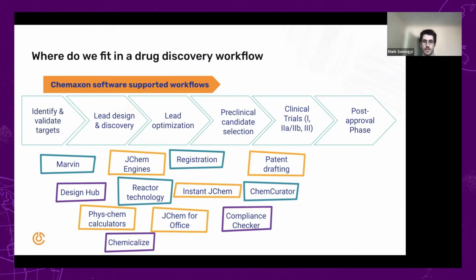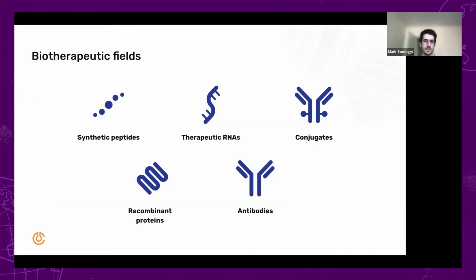And now I would like to take you to the biotherapeutics world and really take a look at drug development from a different perspective. In the past decade, we have seen that chemistry has started to expand rapidly into the realm of biologics, resulting in novel bioentities, for instance, synthetic peptides, therapeutic RNAs, and their conjugates.